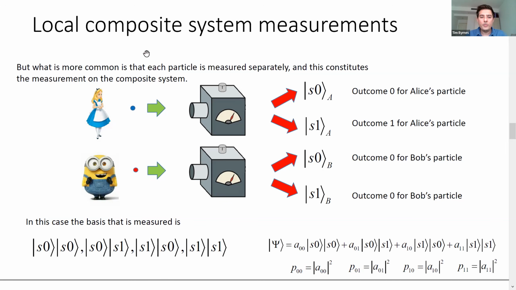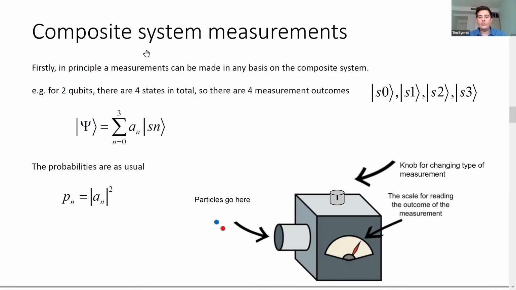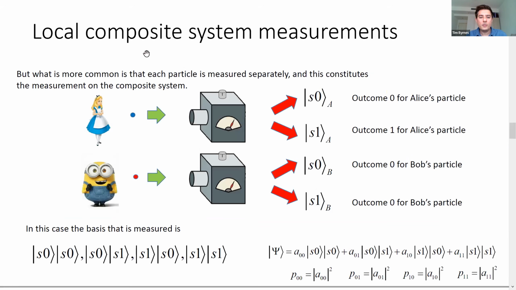So basically what I said there is actually pretty general, but what happens quite often is that the measurements are local. What does it mean for a measurement to be local?